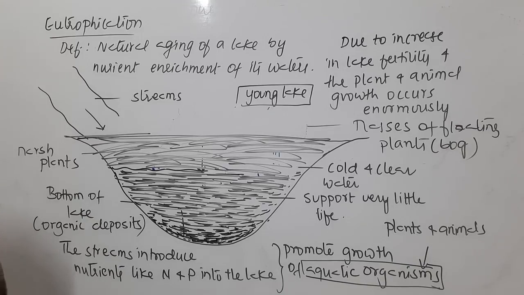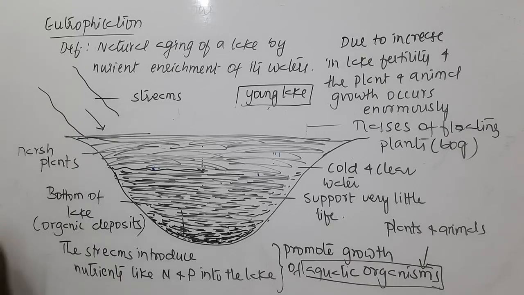Of course it occurs naturally, and the time taken for this process to complete depends upon the size of the lake and also the climatic conditions where the pond or the lake is present, right?